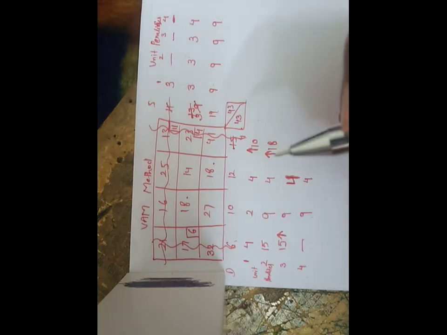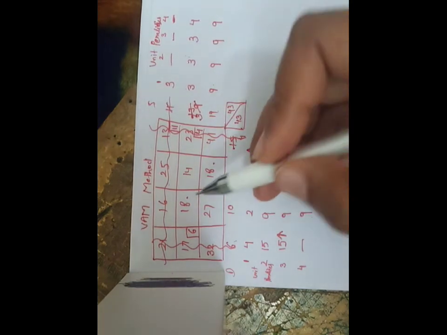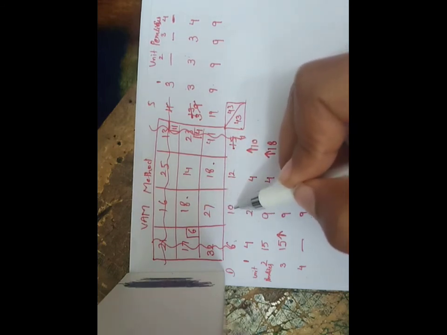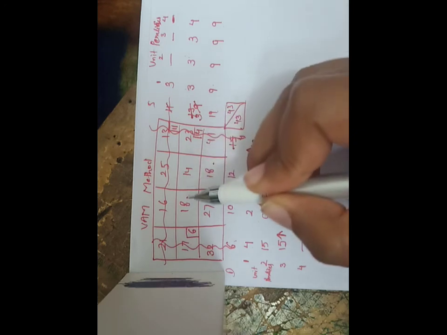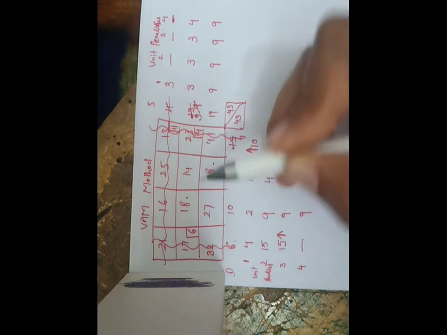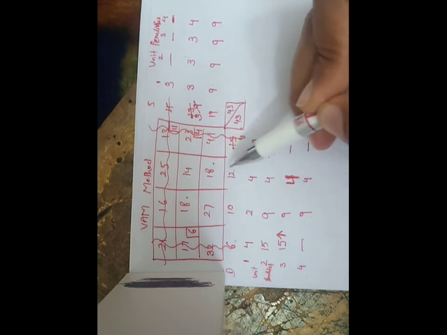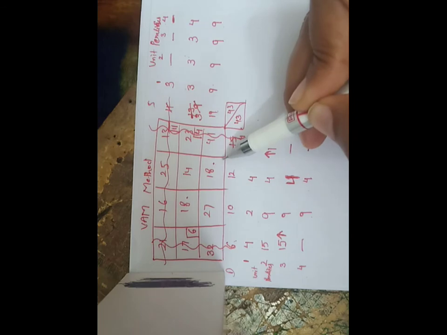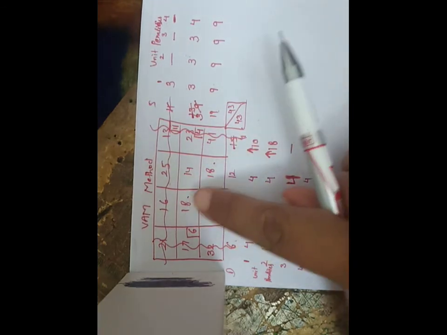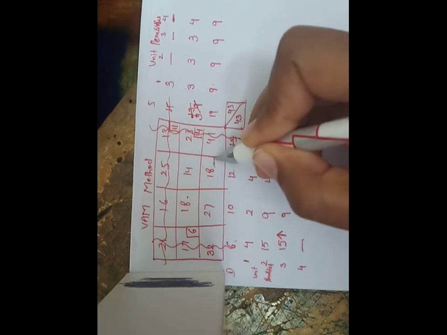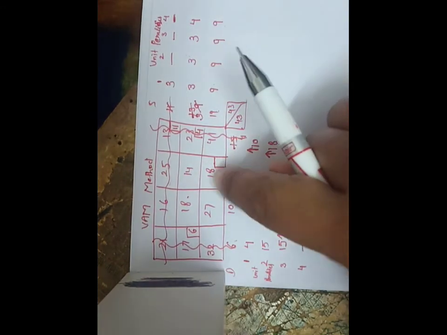So we have to check out. If we select this 18, what can be the allotment? 10 or 3, whichever is less. So 3 will be the allotment. Here 12 and 19. 12 is the allotment. So which cell is providing maximum allotment? It is this 18. So we will select this cell.